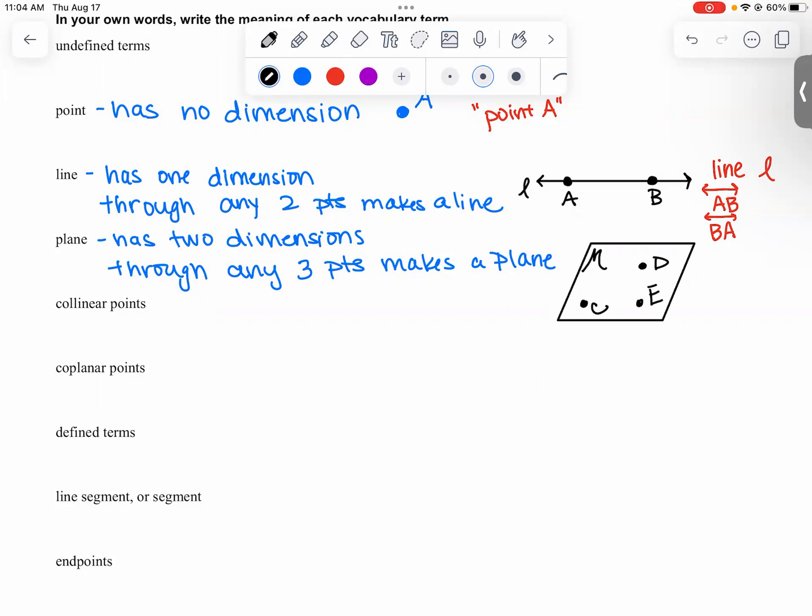So I'm going to have you draw this plane. I basically drew what I hope looks to you like a piece of paper. I named it M with a capital M, and then I have 3 points inside of it.